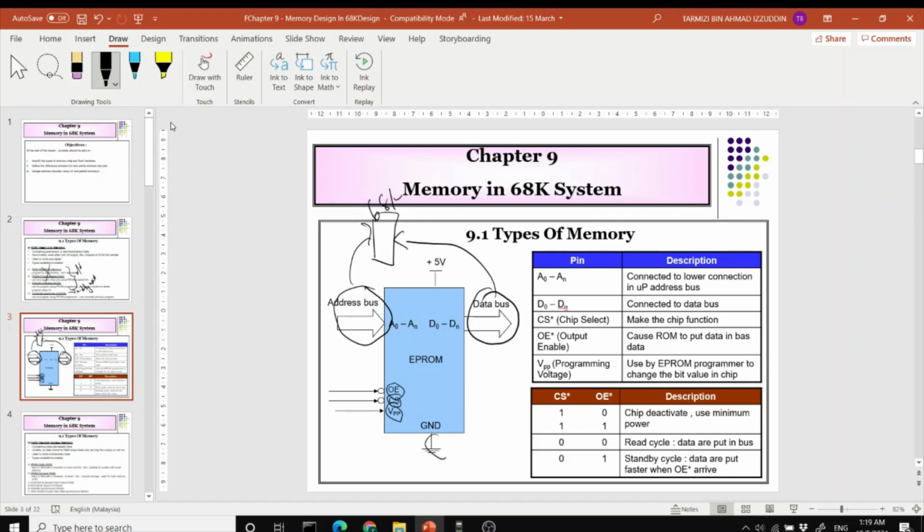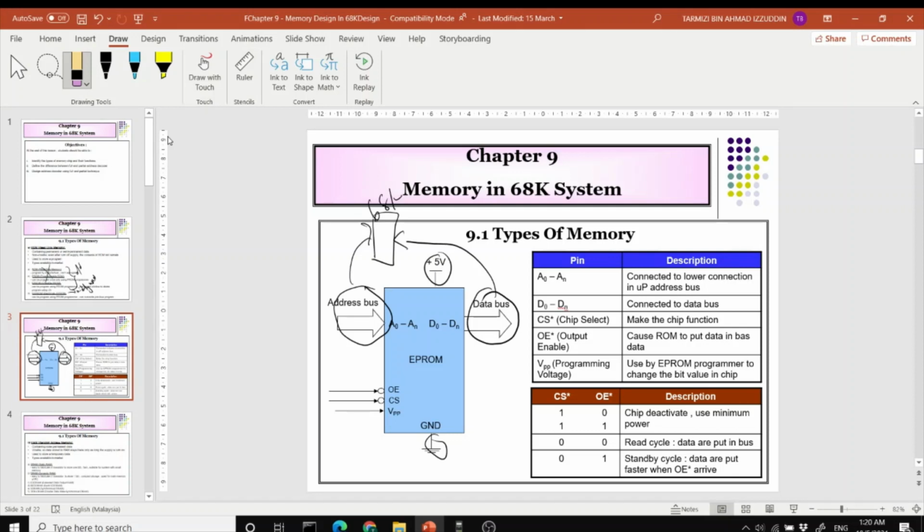And ground and your 5 volt is pretty much straightforward. So this pin over here, okay, this OE CS pin here is used according to this description.